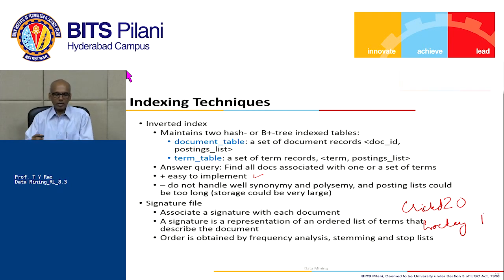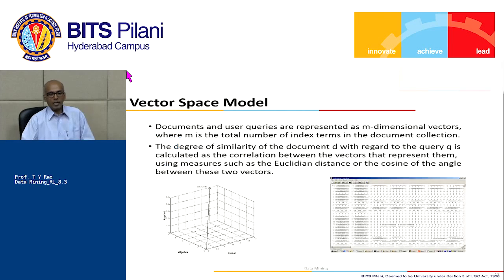When we are creating a signature, we can create an ordering saying that cricket is far more important for this document than hockey. So thereby we may be able to get a greater insight, and when we are doing mining, this can facilitate.